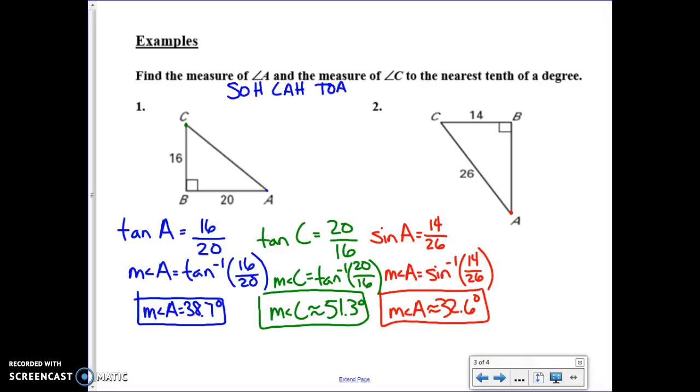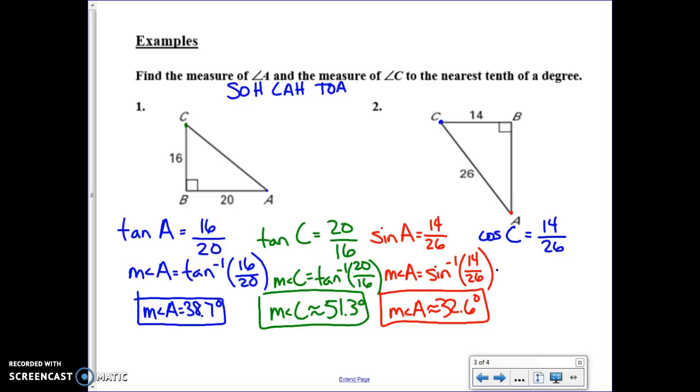All right, let's try C now. From point C, from that angle, I have adjacent is 14 and hypotenuse is 26. Adjacent and hypotenuse is cosine. So the cosine of C is equal to adjacent over hypotenuse.